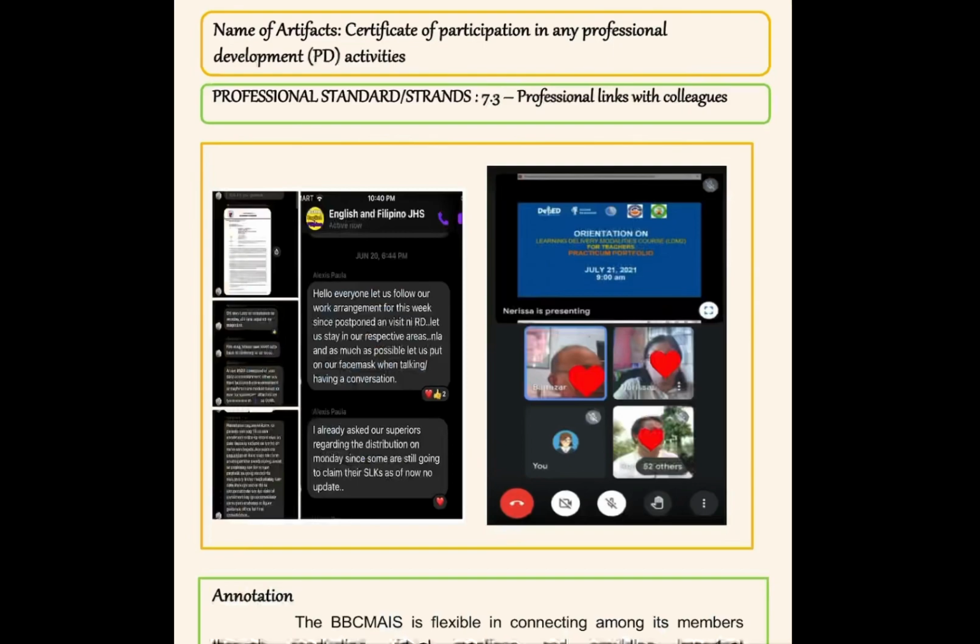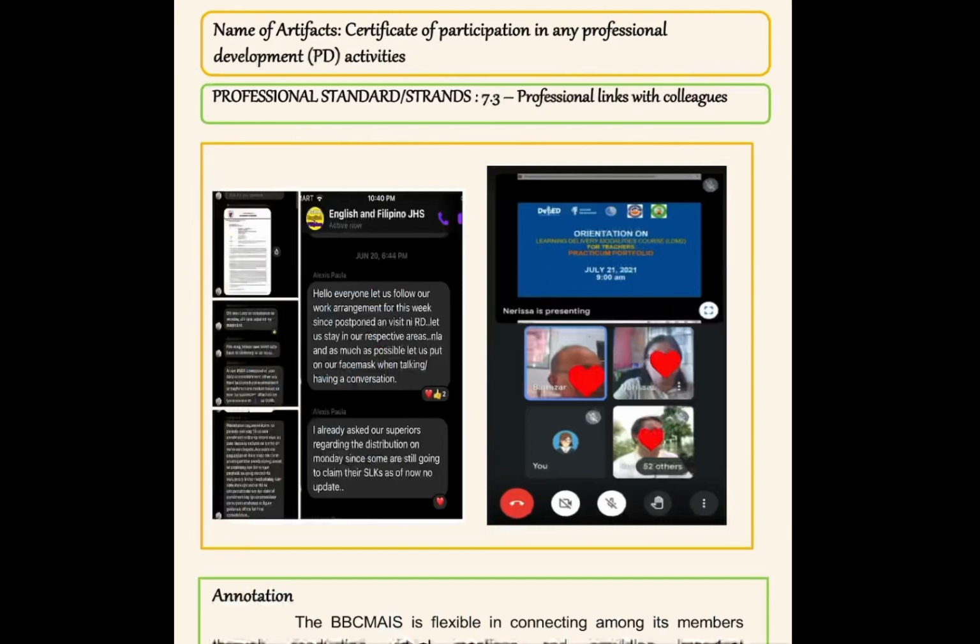Ano ba yung ginawa ng school nyo to provide professional links to the teachers as well as to the whole staff of the school? So, eto, I pasted here a screenshot of our virtual meetings as well as the giving of instructions and announcements in our group chat.